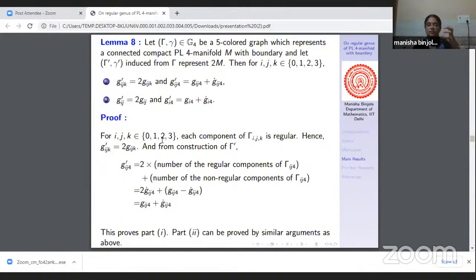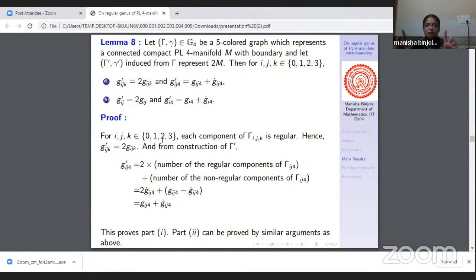Now, we have two regular components in the two copies. This means each vertex is an interior vertex, because each vertex is regular here. So with interior vertices, we don't do anything. One regular component in gamma gives two regular components in gamma dash. Now what happens with a non-regular component? If we have a non-regular component, we have another non-regular component which is a copy of this component.